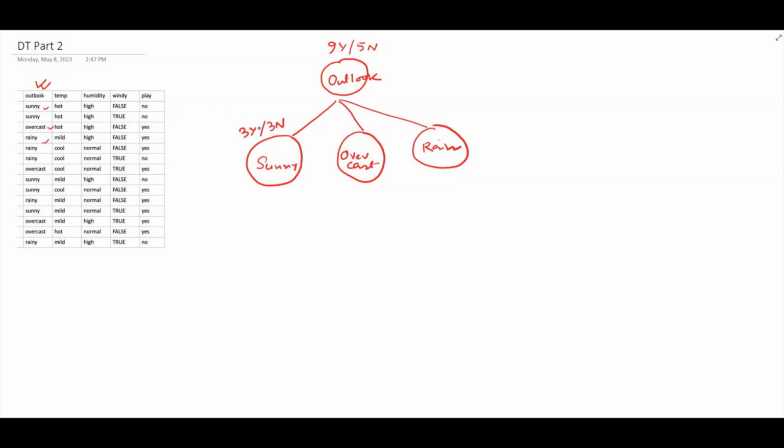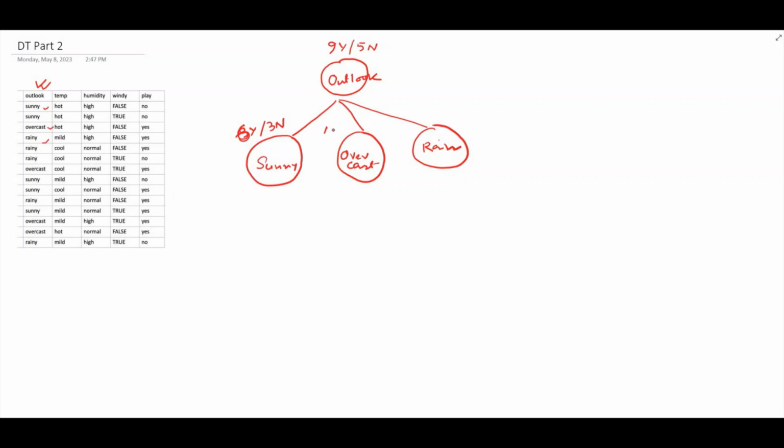If it is an overcast condition, how many yes and how many no are there? Sorry, I think I made a mistake. This should be 6 yes and 3 no. And in the overcast condition, whenever there is overcast, it is yes, so 1 2 3 4.